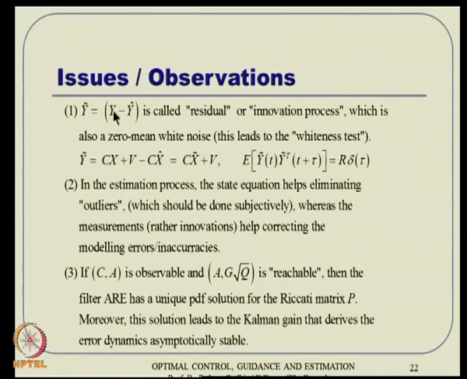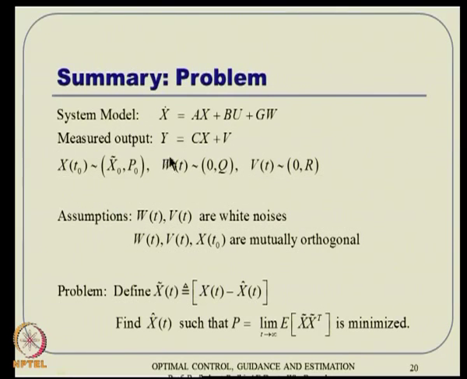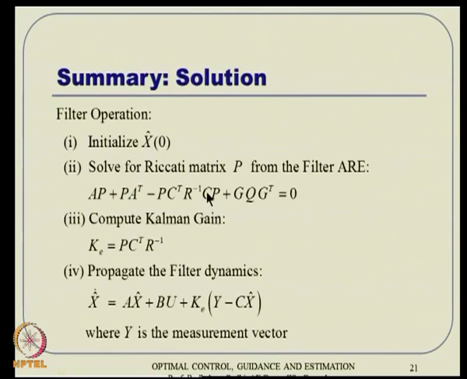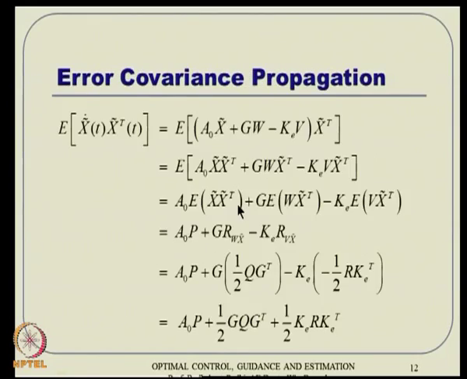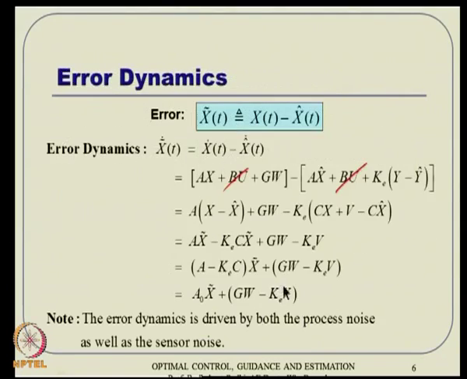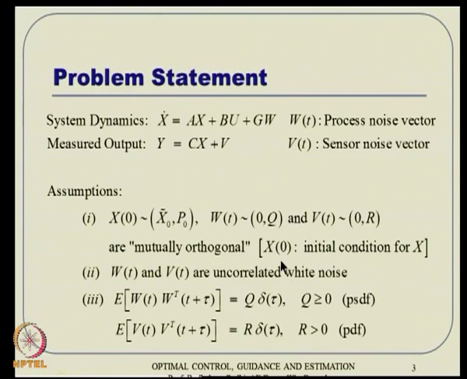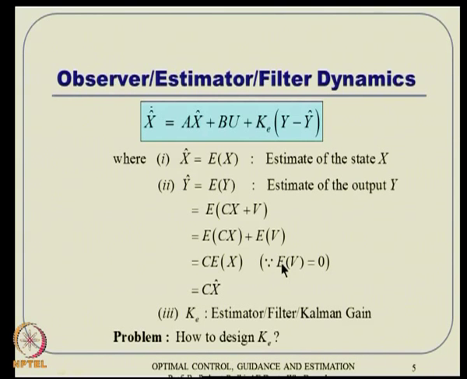So first, y minus y hat, you can think about that as y tilde. y is the actual measurement and y hat is C x hat, the estimated or predicted output.